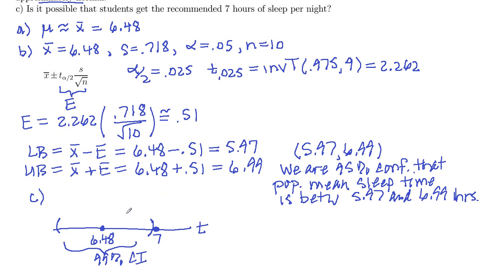And this is out of 100 intervals, 95 should contain the true population mean. This is one of those intervals. And we see that it does not contain 7.